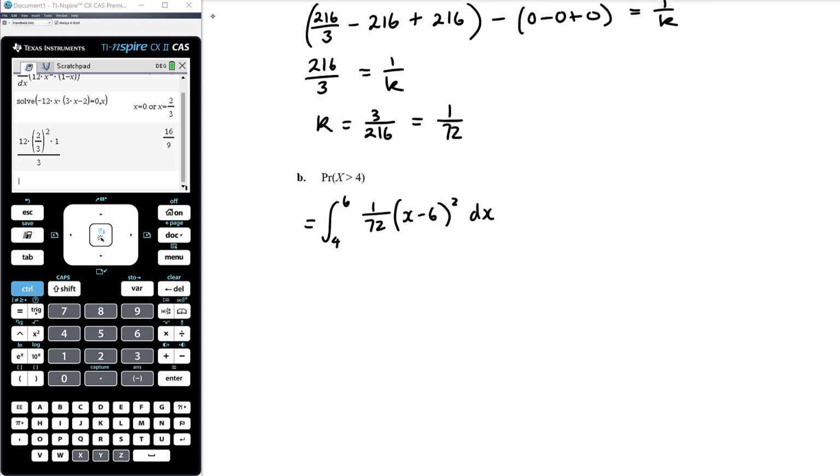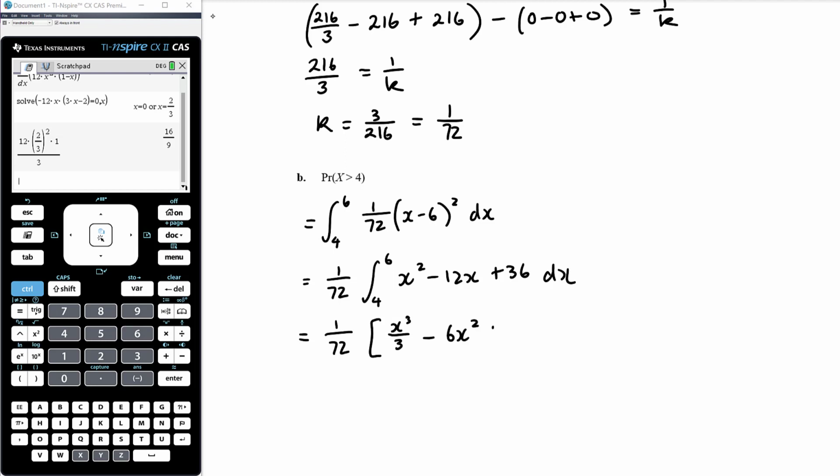Again we can take that 1 on 72 out the front, and we can expand out, so we can do our antidifferentiation. So it is x squared minus 12x plus 36. And then it is 1 on 72 times, what did we decide that was? x cubed on 3 minus 6x squared plus 36x from 4 to 6.